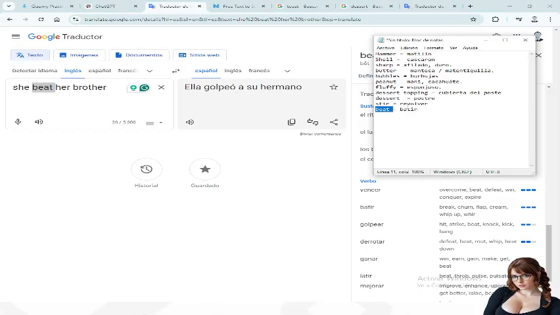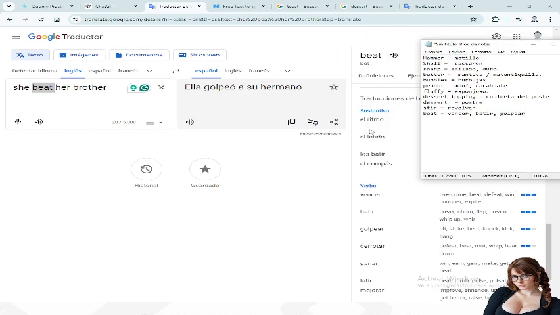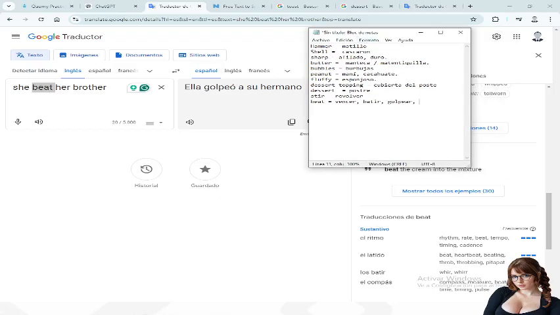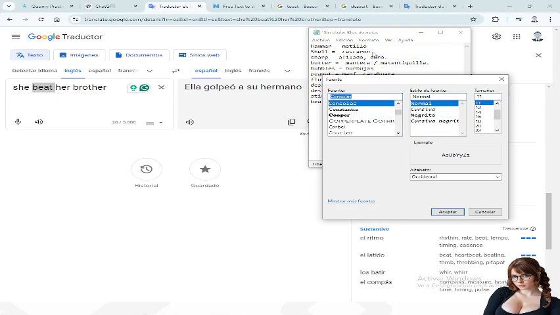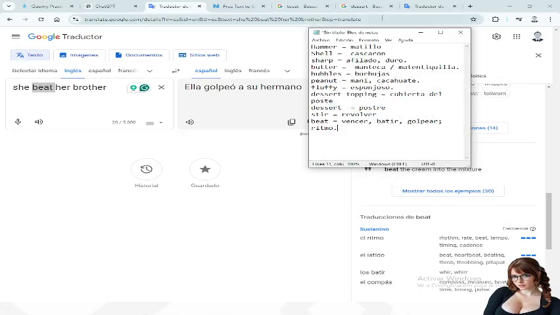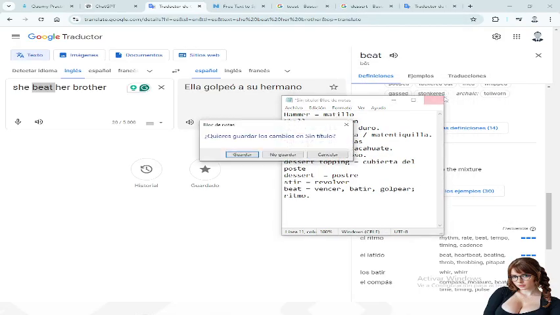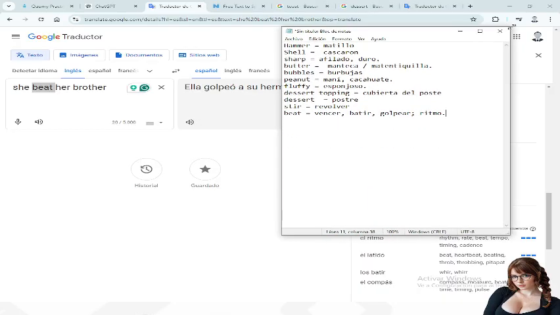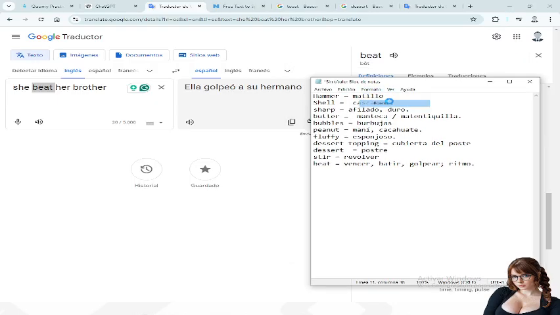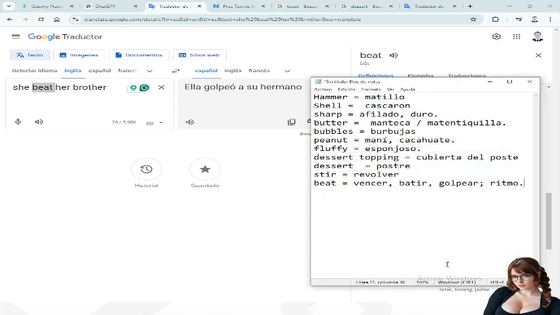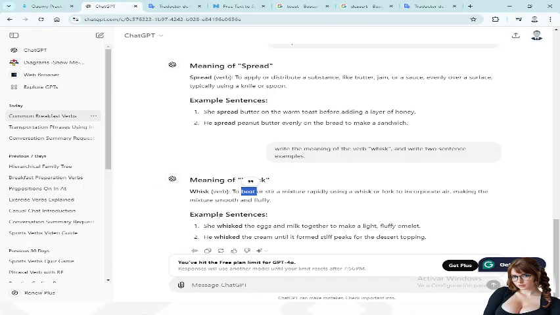Remember that the verb can have different meanings depending on the context. I am going to increase the size of the font to have better visibility. 18 is okay from my point of view.